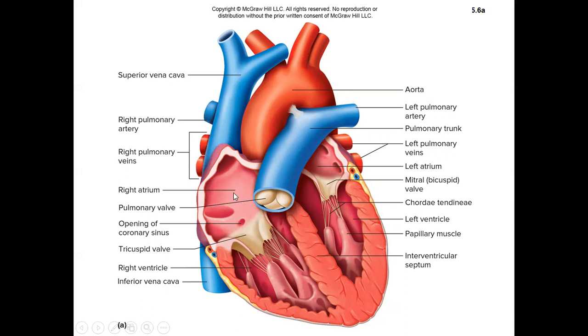The right atrium is then going to pump that blood into the right ventricle through a valve. This valve is called the tricuspid valve. The tricuspid valve is going to open into the ventricle, because it is going to open when the right atrium pumps, sort of forcing the valve open so that the ventricle can receive that blood.